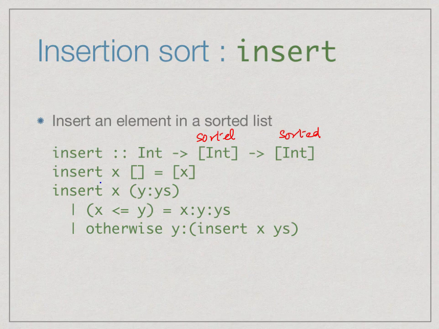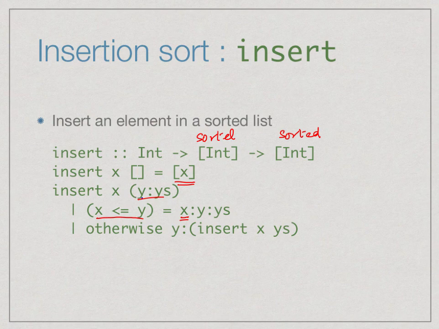The base case is to insert a value into an empty list, which just produces a one element list consisting of that value. On the other hand, if we want to insert x into a non-empty list of y's, we look at the first value and check whether or not x should come before it. If x is smaller than the smallest y, then we just stick it up front.